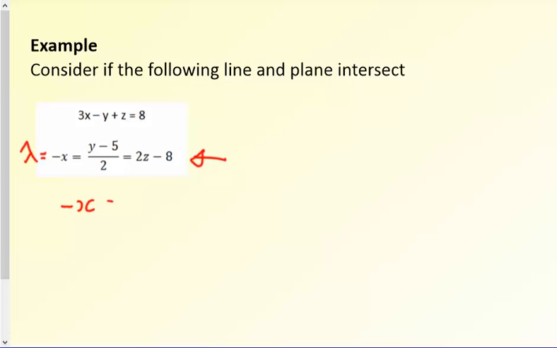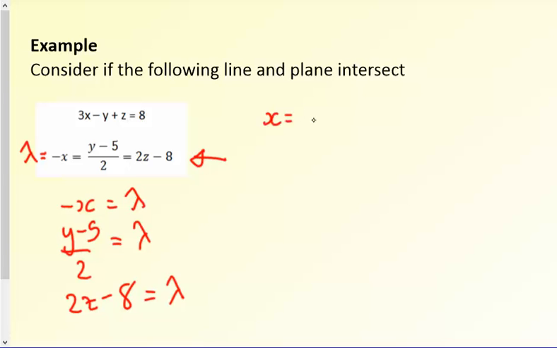So minus x is equal to lambda. It's also lambda equal to (y minus 5) over 2, and of course 2z minus 8 is going to be equal to lambda as well. So let's do a quick rearrangement of those and have them in the form that I want.